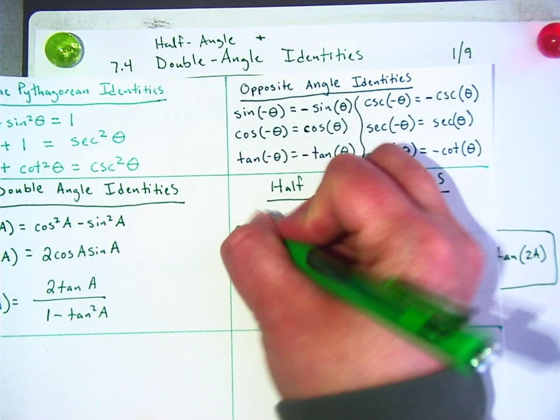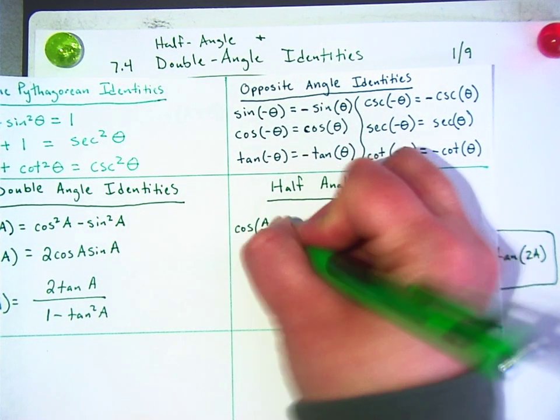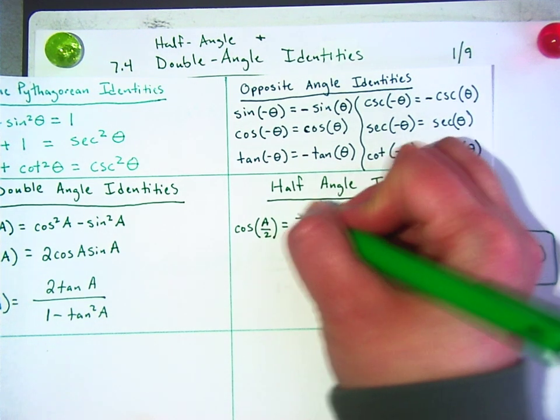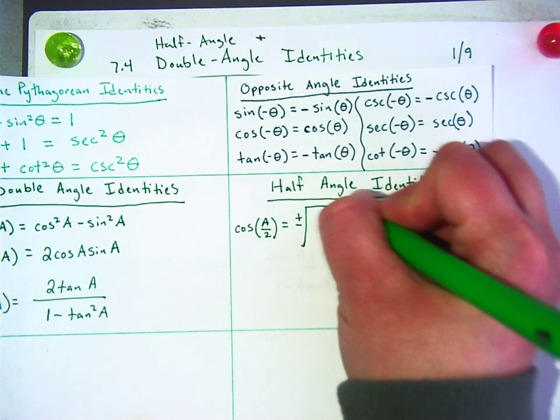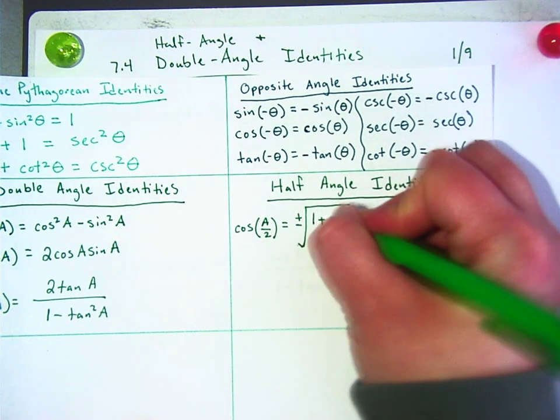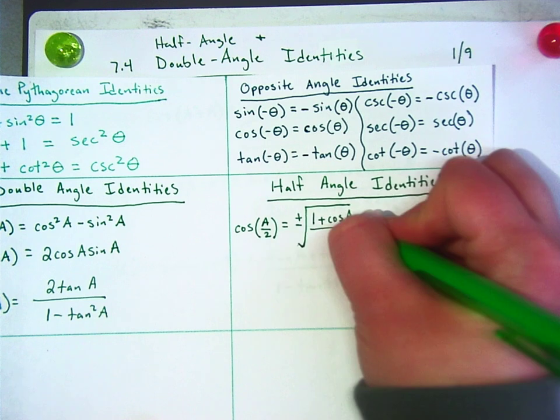We've got the cosine of A divided by 2 equals plus or minus square root of 1 plus cosine A on the top divided by 2.